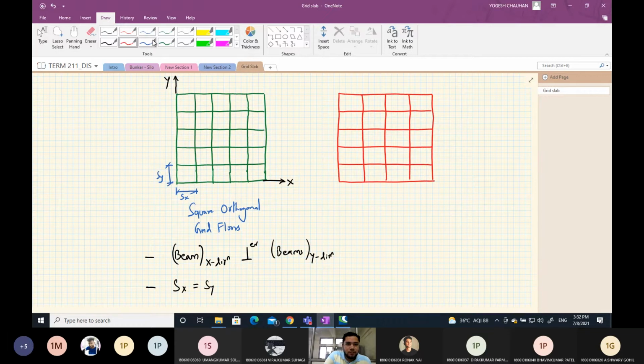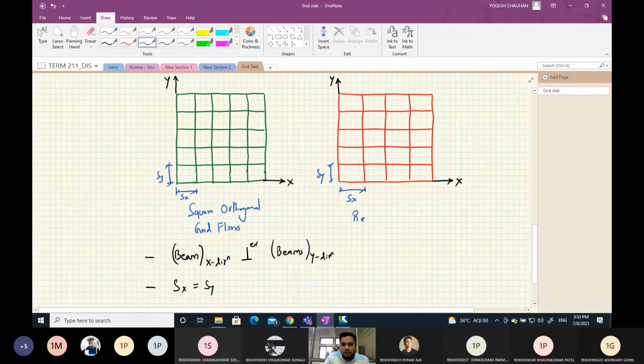Let sx be the spacing of beams along x, and let sy be the spacing of the beams along y. This is the y direction, and this is the x direction. Such a grid is called a rectangular orthogonal grid.